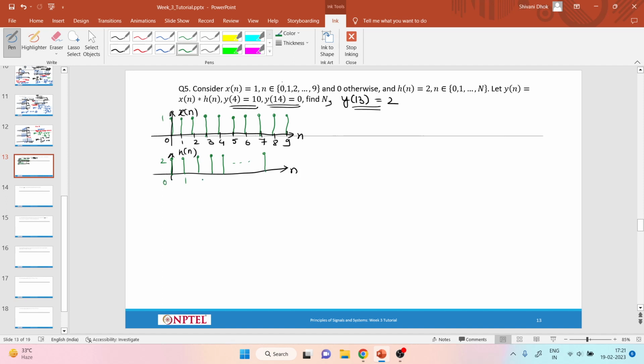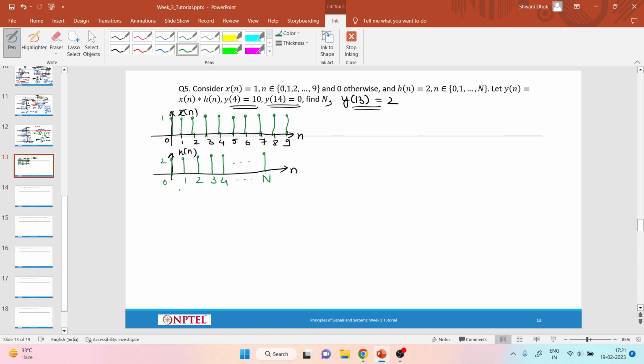So it's something like this. H of n is 2 for 0 to n, and we need to find what is the value of n. We need the value of n here.